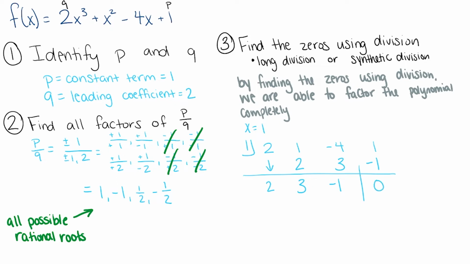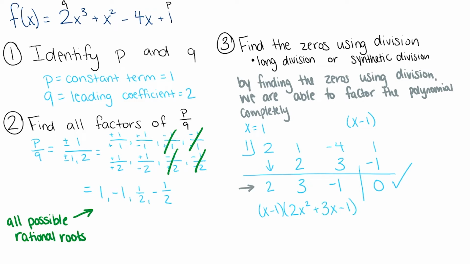So this is our check right here. We want to see if we do get 0 as our last term, which is our remainder. Whenever we get 0 as the remainder, we know we found a 0 of our function. This means that x minus 1 is a factor of our polynomial, and we can rewrite our original polynomial as x minus 1 times 2x squared plus 3x minus 1.